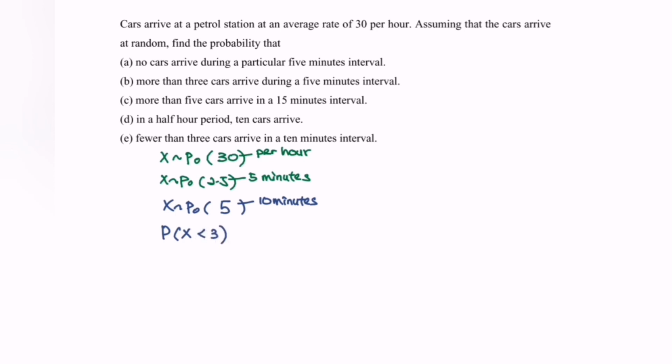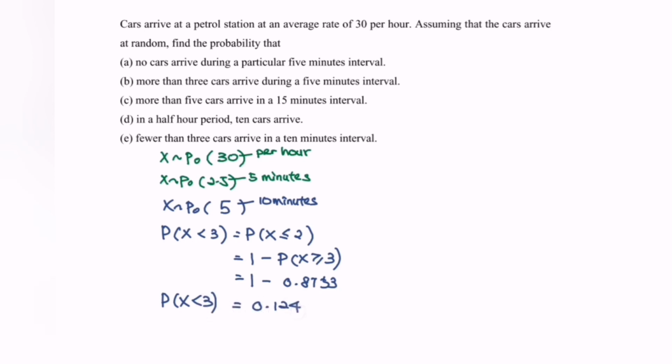Kindly modify the situation: the probability that X is less than or equal to 2. So we have another formula: 1 minus the probability that X is greater than or equal to 3. By referring to the table, we will have 1 minus 0.8753. So the probability that X is less than 3 will be equal to 0.1247.